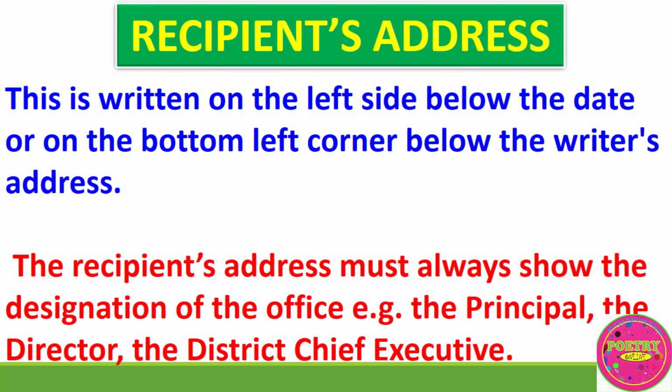For instance, if you're writing to the principal, your address should indicate that: The principal. If you're writing the letter to the director, your letter should indicate that: The director. If you're writing to the chief executive officer, your address should indicate that.